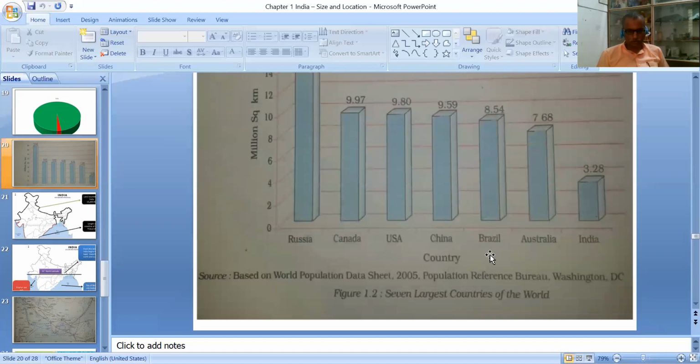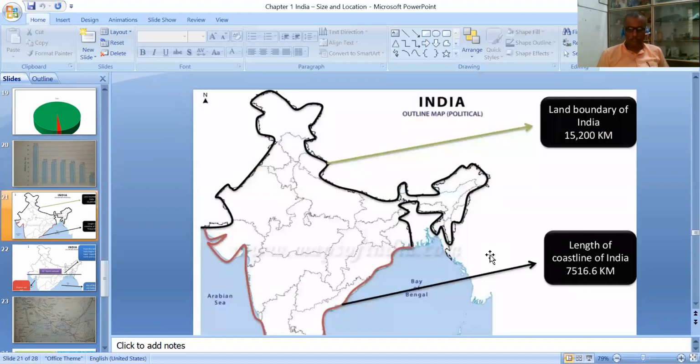Now let us come to the Indian land boundary, how much it is. As far as the Indian land boundary is concerned, we have 15,200 kilometers of land boundary. Here the line is being darkened. This slide will help you to understand. This is the position of India. The total length of the land boundary of India is 15,200 kilometers. How much length of coastline do we have here?